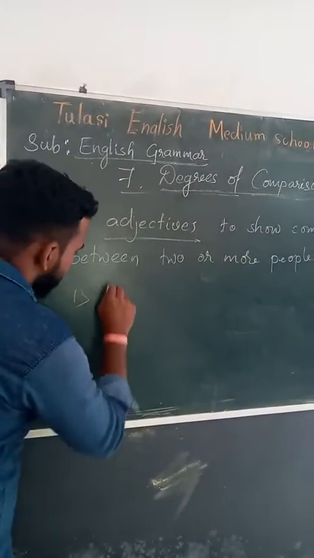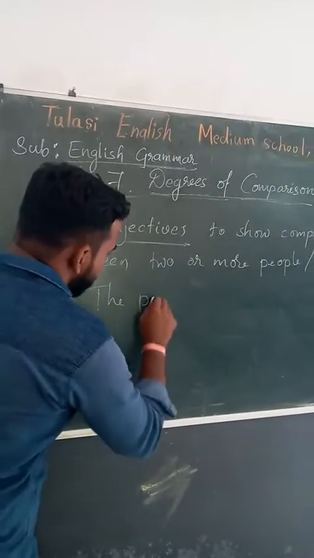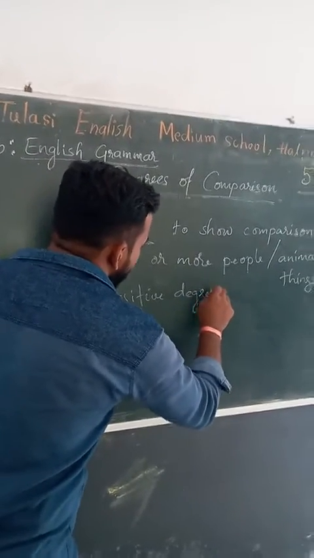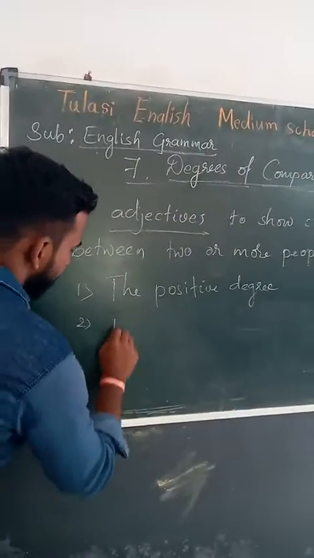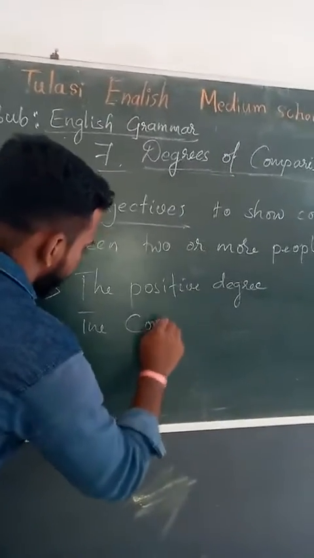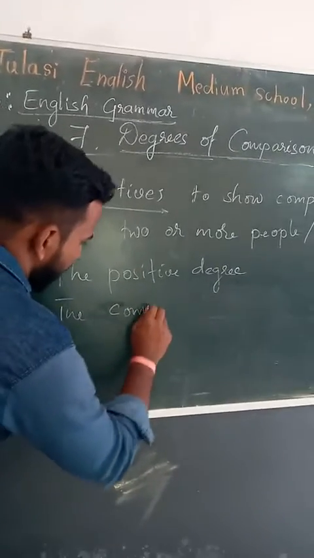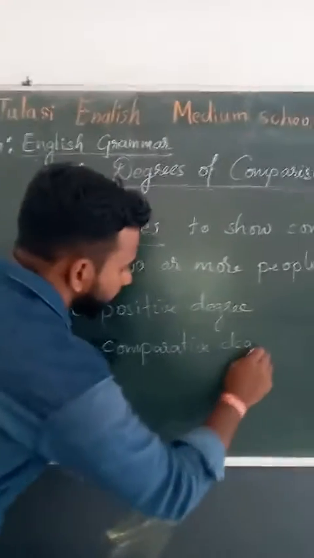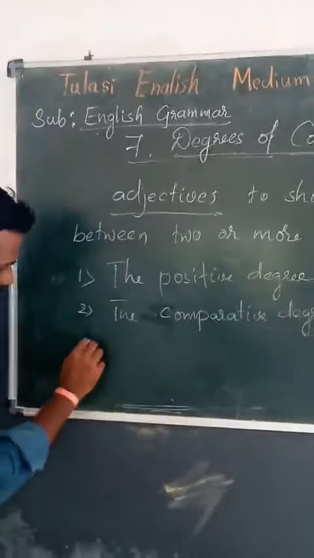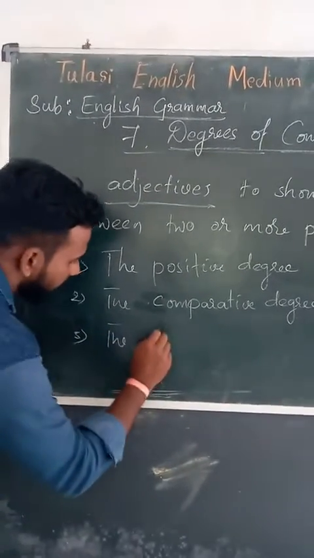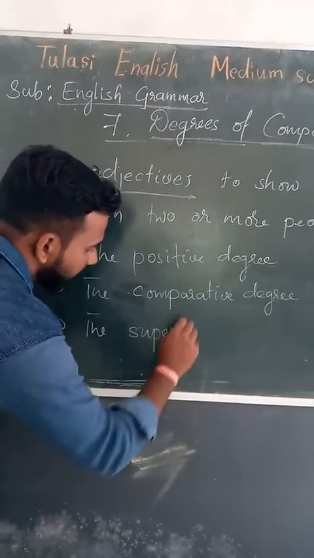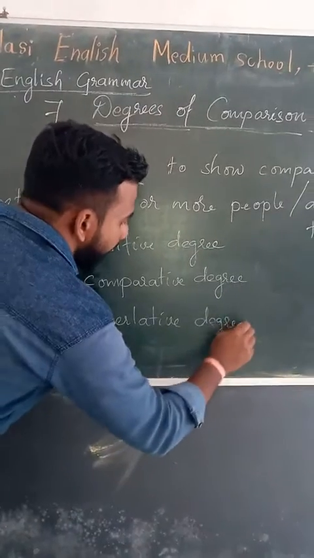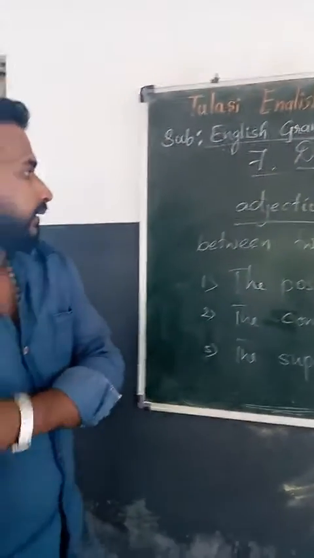One is the positive degree, another one is comparative degree, third one is superlative degree.